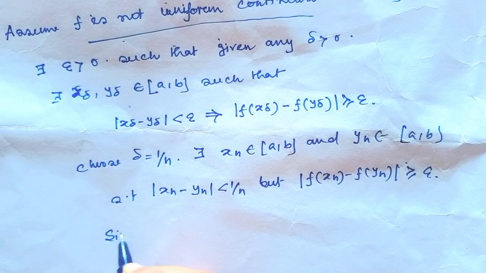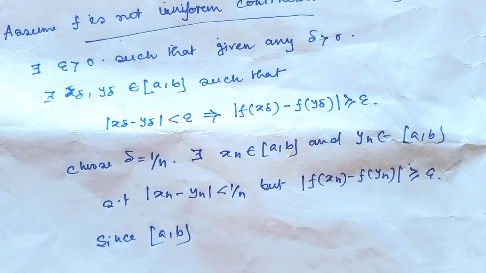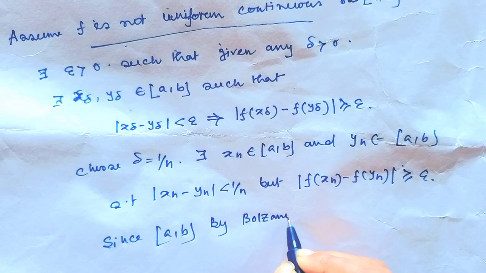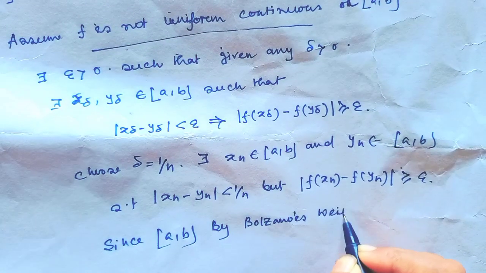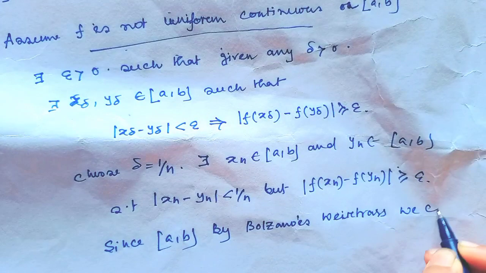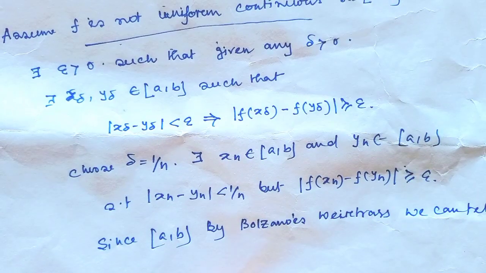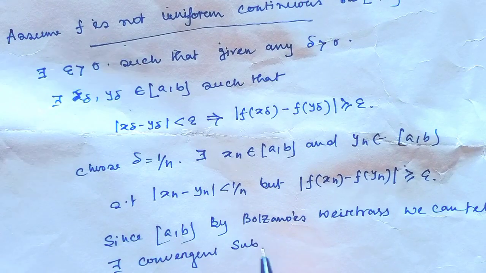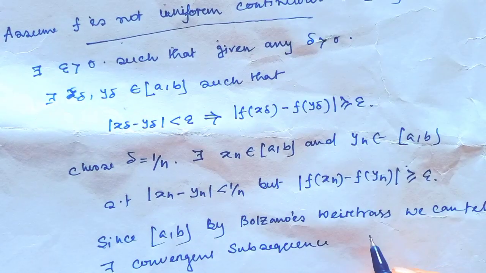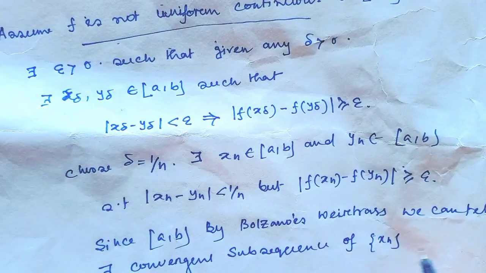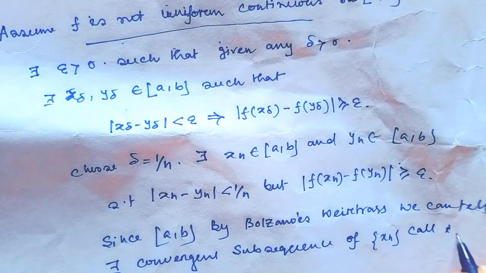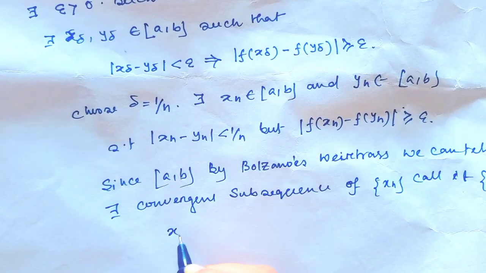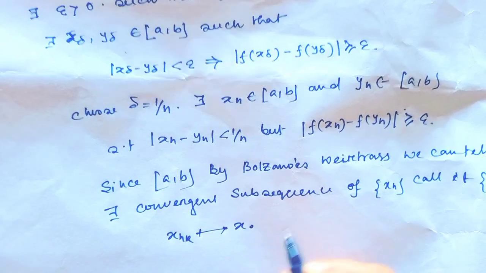And since AB is a closed and bounded interval, therefore, by the Bolzano-Weierstrass theorem, we can tell there exists a convergent subsequence of xn, call it xnk, such that xnk converges to x0.